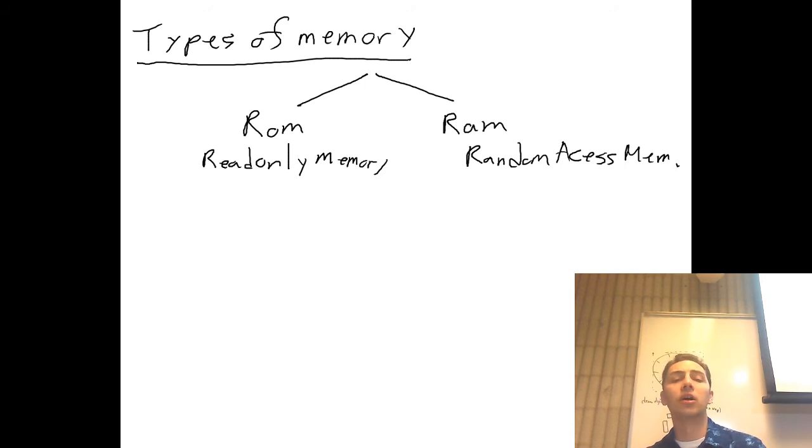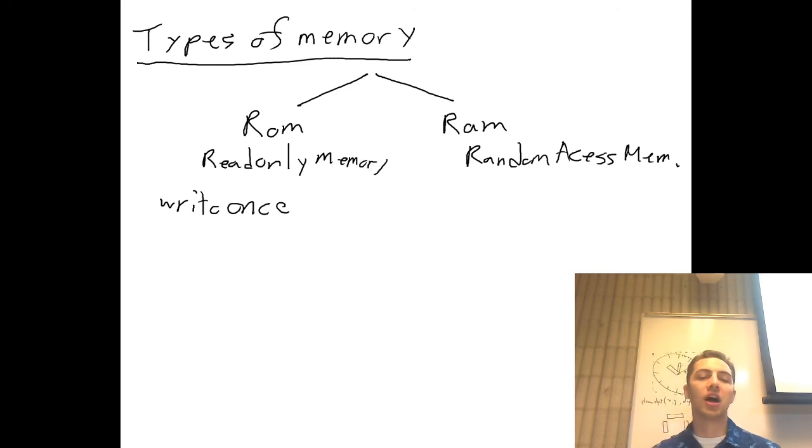ROM stands for read-only memory, which is actually a bit of a misnomer, because if you could only read from a piece of paper, for example, I grab a piece of paper and I read off of it, what starts on that piece of paper? Nothing starts on it. So read-only memory is actually write once memory. You write to it once, and then you can never change it.